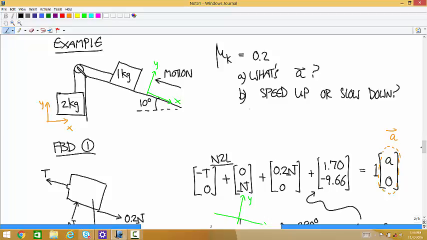If this has an acceleration of 5 in the positive x direction, this has to have an acceleration of 5 in the positive y direction. And so if this is written as A0, the acceleration of this one has to be 0A.